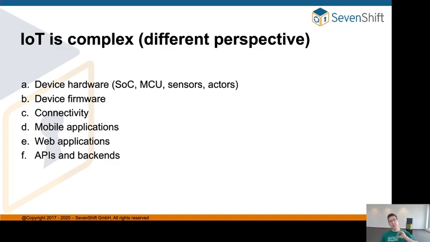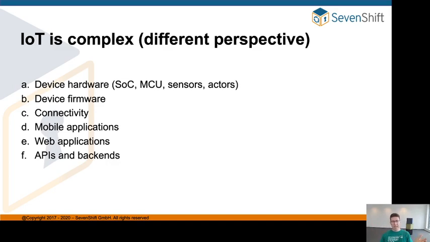You have all your connectivity where you're going to find things like an IP layer, maybe Wi-Fi, Bluetooth, Zigbee, Z-Wave, custom protocols. You're going to have your mobile applications, which tend to be the trendy and the easiest interfaces for most of these IoT devices. You're going to have web applications, which are going to give you your backends to your web applications, so you can control your devices and maybe have a single pane of glass to see all your dashboards.